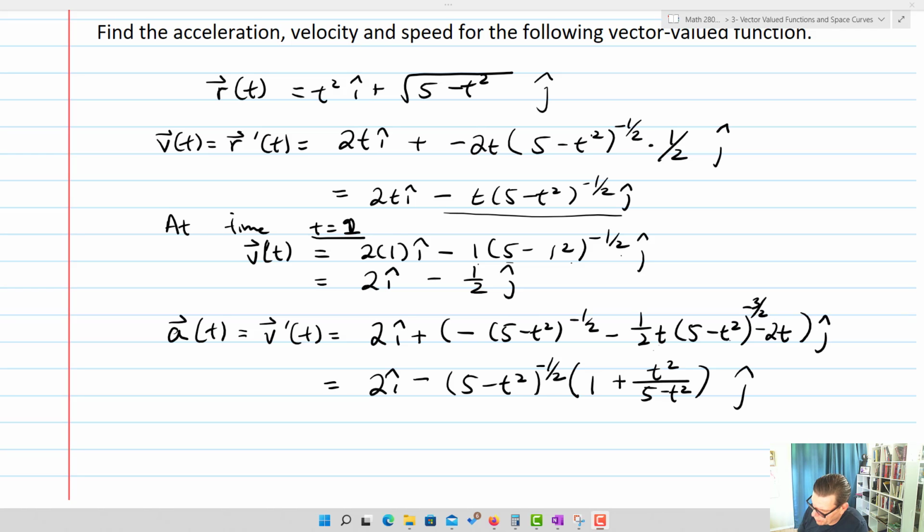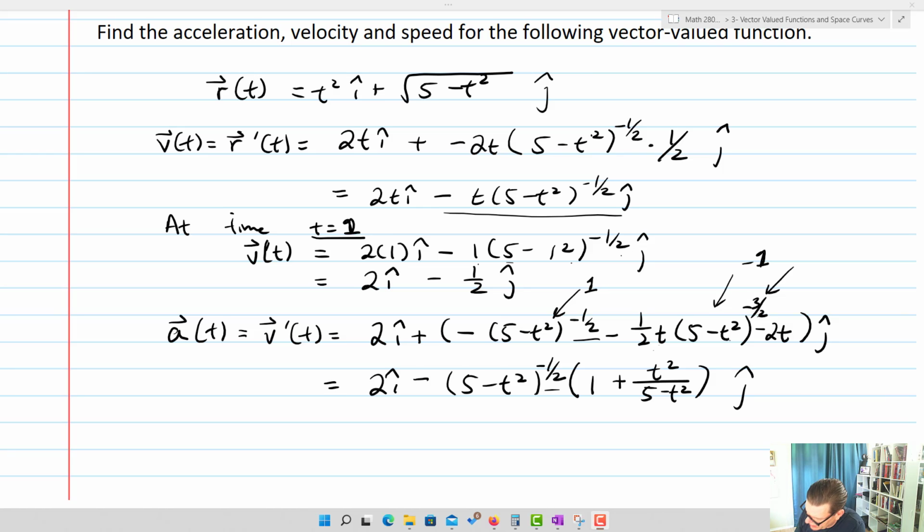By the way, for those of you who are wondering how did he end up with t squared over 5 minus t squared? What I did was I factored out (5 minus t squared) to the negative 1/2 out of both figures, okay? And what that ended up giving me is, on the one hand, this becomes a 1, and on the other hand, this over here becomes negative 1, because you pull out negative 1/2, that adds negative 1/2, and that becomes then to the negative 1.